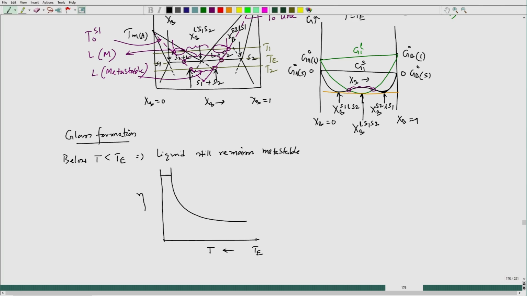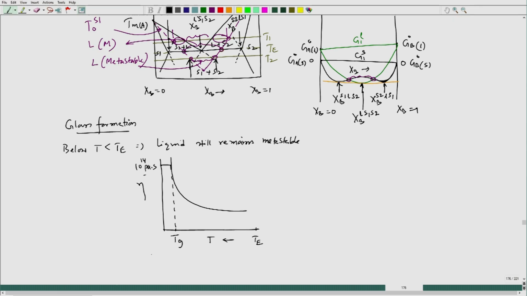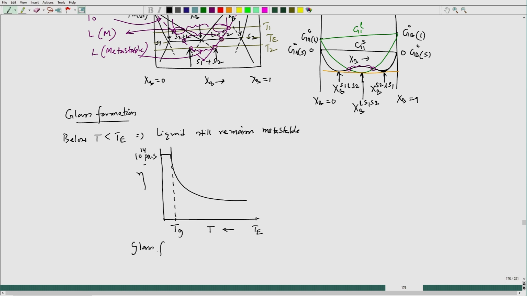Let us say at this particular point the viscosity is 10 to the power 14 Pascal second, and when it reaches that corresponding temperature, we call it T g, the glass formation temperature. That happens due to the metastability of the liquid below the eutectic temperature. So, this glass formation is possible because of this very concept of metastable liquid on the eutectic phase diagram. This is one such example.